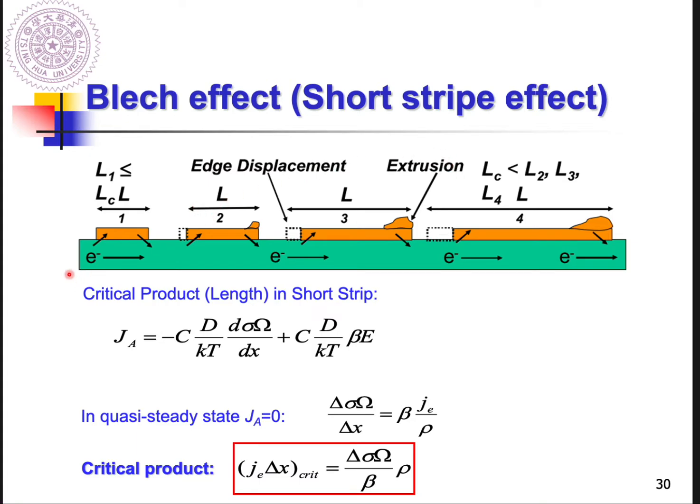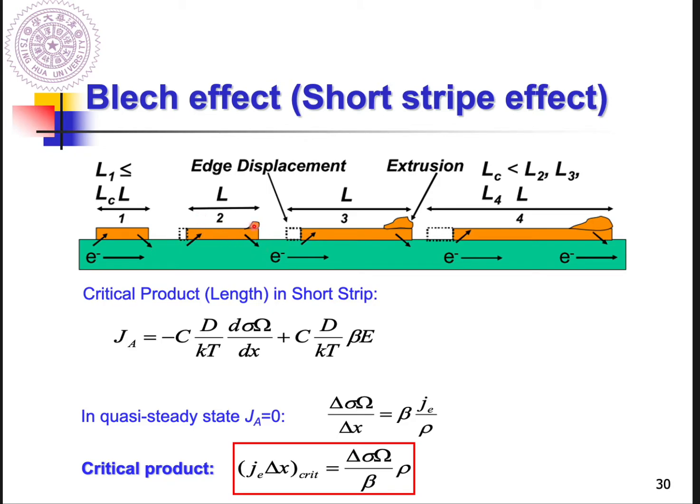In your textbook, they give you these examples. We want to know what's the critical length for the connecting line, or for your materials, delta X. In this case, we draw the direction of the electron flow. The electrons are going up and down.